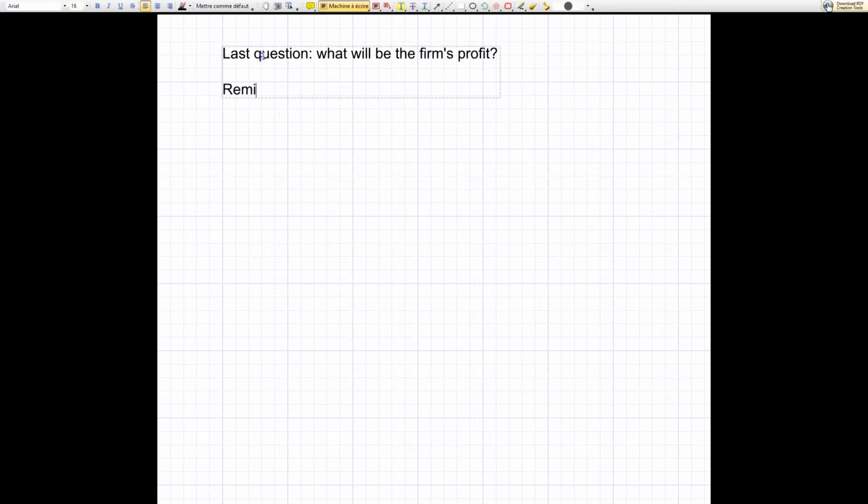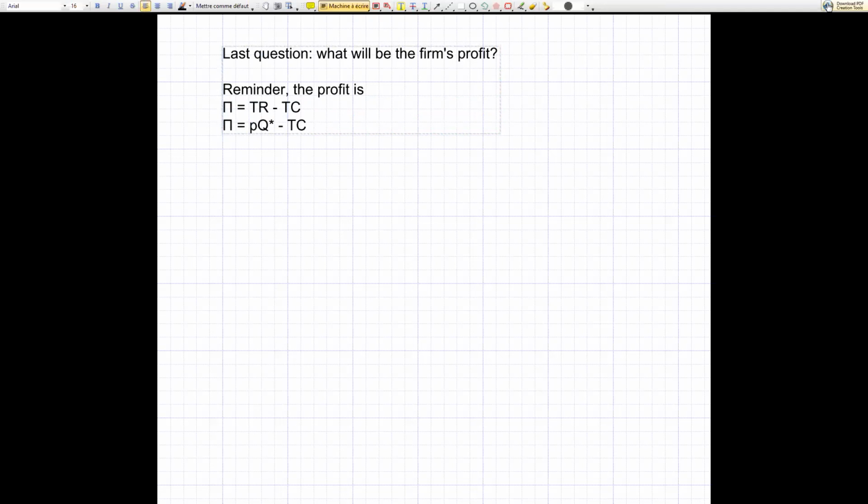So, reminder, profit equals total revenue minus cost, and this is P times Q star, PQ star, let's just say, minus total cost.